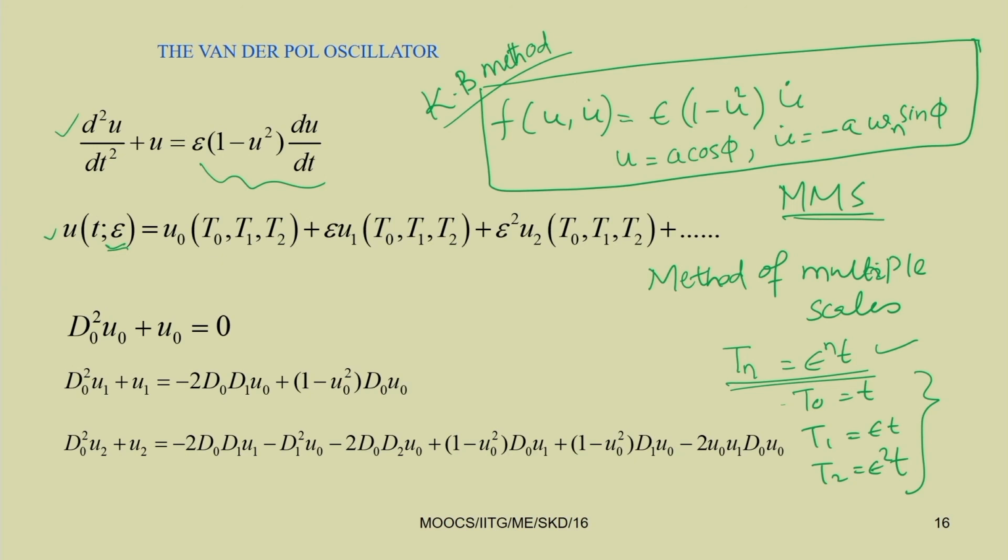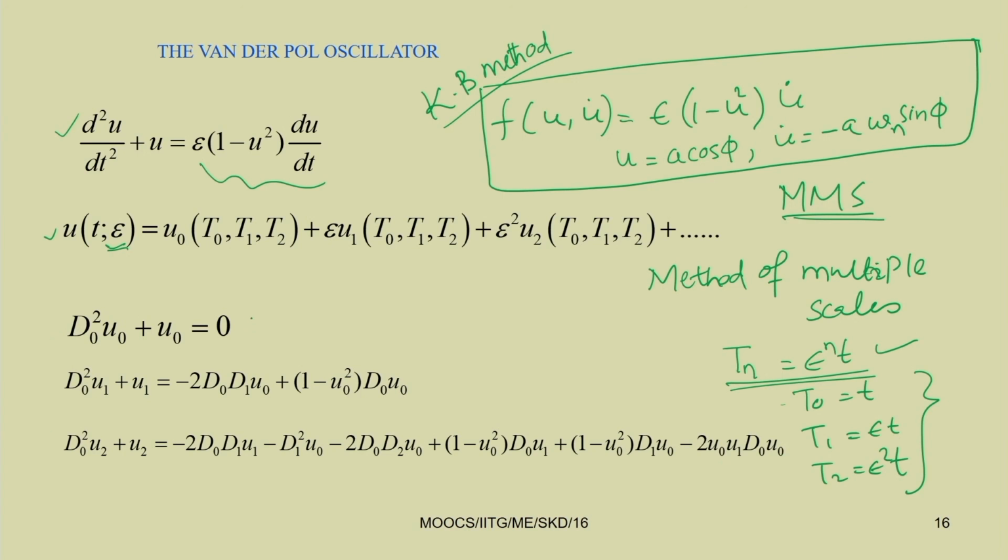Similarly, D0 square u2 plus u2 equal to minus 2 D0 D1 u1 minus D1 square u0 minus 2 D0 D2 u0 plus (1 minus u0 square) D0 u1 plus (1 minus u0 square) D1 u0 minus 2 u0 u1 D0 u0. This way we can write the different orders of epsilon.